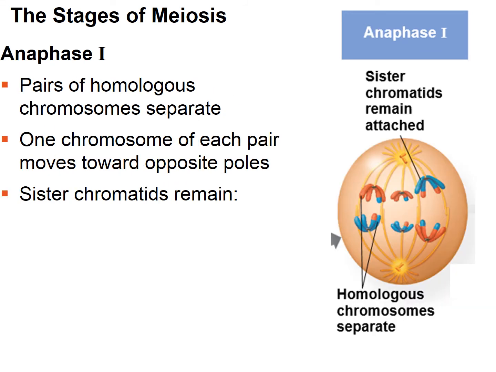During anaphase 1, the pairs of homologous chromosomes separate. So 1 chromosome of each pair moves toward the opposite poles. The sister chromatids, however, remain attached at the centromere and move as one towards the poles.